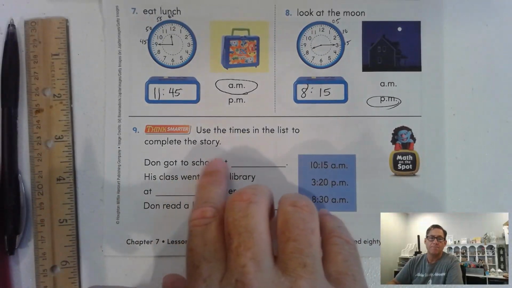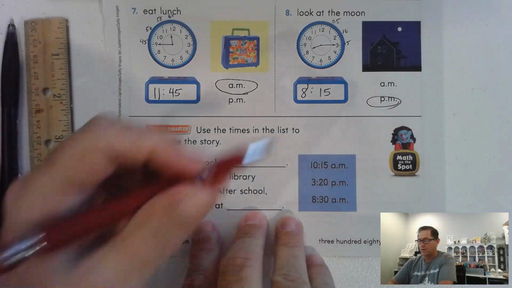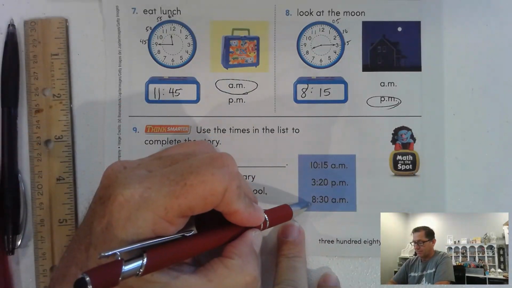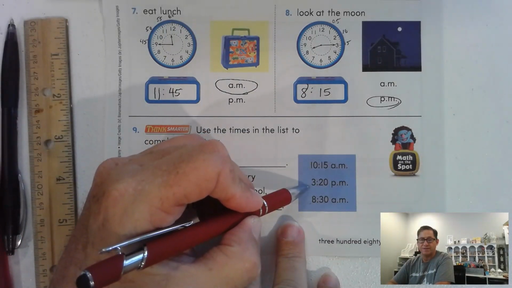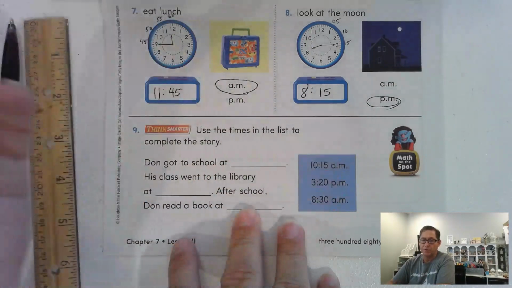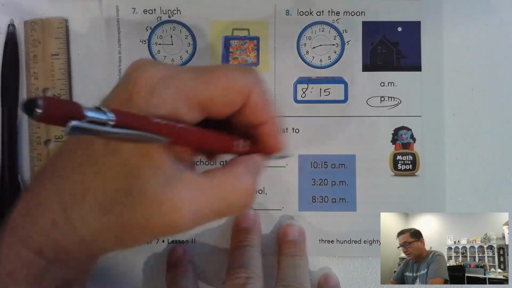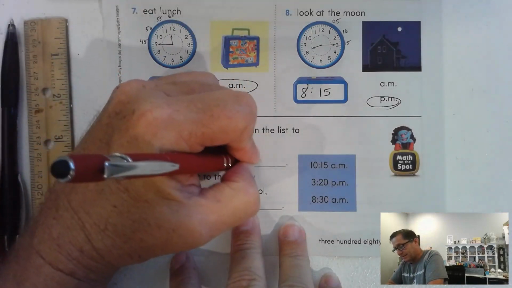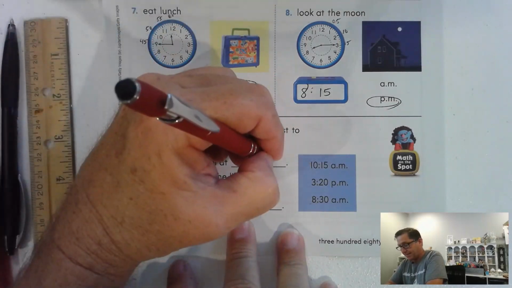Don got to school at blank. Well, this is the earliest time in the morning. Then 10:15, then 3:20 would be the latest. I don't think he's getting to school at 3:20 p.m. Most of us are going home by then or are already at home. So I would say 8:30 a.m.